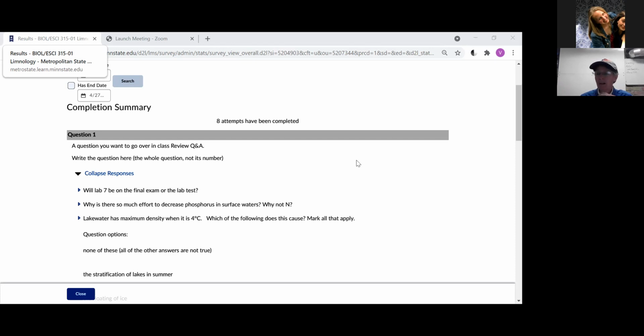Calculation of the weighted average TSI, trophic state index, is more likely to be on the lab test. I did not write a new lab test study guide because I didn't have time.